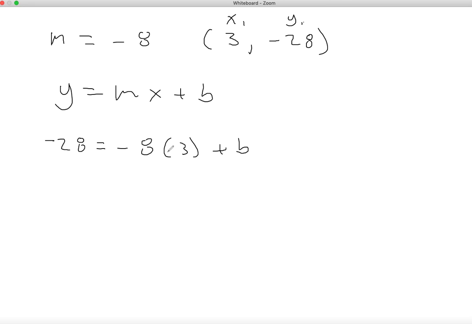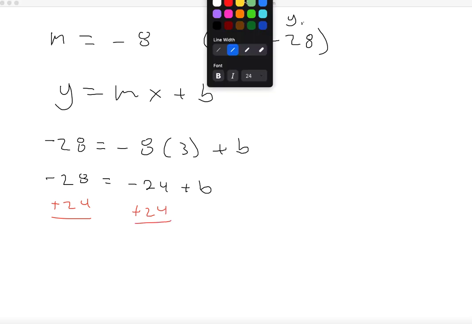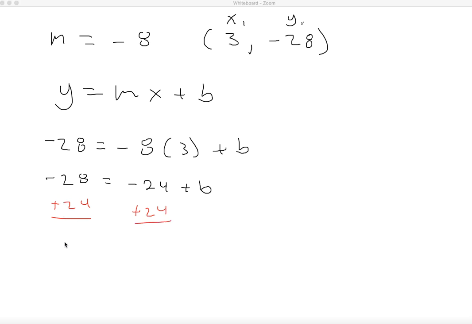And then from there we can solve for b. So we'll go -28 = -24 + b. And then let's add that 24 over and get b by itself. And so it looks like that's -4 = b.